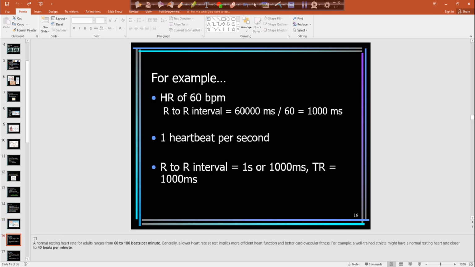All right, so let's do our first effective TR, trying to predict what the effective TR is going to be based off of our patient's heart rate. So we have a patient that has a heart rate of 60 beats per minute. So we need to now calculate our R to R interval. We get this 60,000 number from 60,000 milliseconds within a minute.